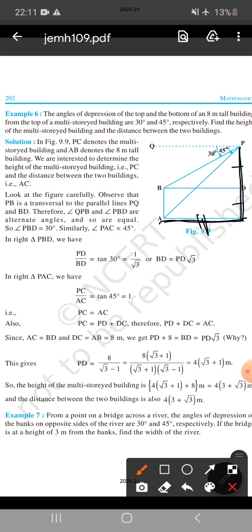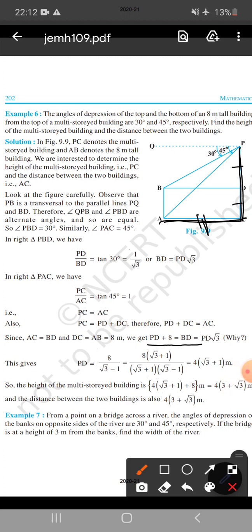Now let's talk about triangle PBD, which is right angled at D. PD upon DB will be equal to tan 30 degree. We've seen that tan 30 is 1 by root 3. So BD will become PD root 3. Now we'll substitute the values. Here PD plus 8 is equal to DB.